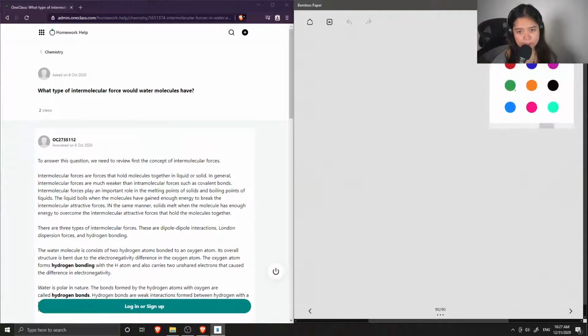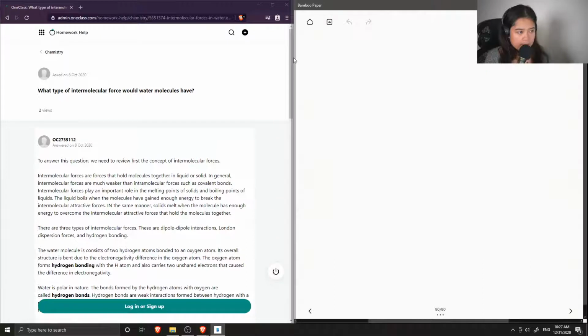Okay, so question number 6. What types of intermolecular forces would water molecules have? Okay, so first let's draw out a water molecule. Everyone knows it as H2O. But oxygen is more electronegative than the two hydrogens.